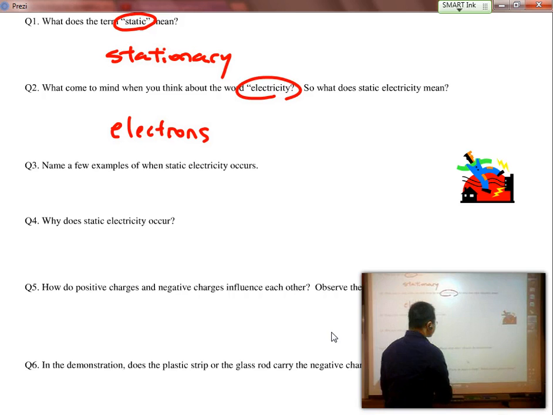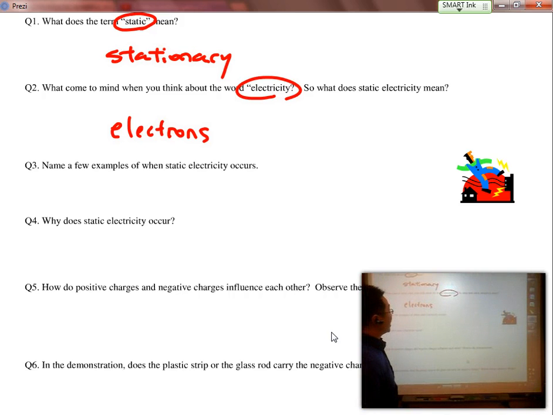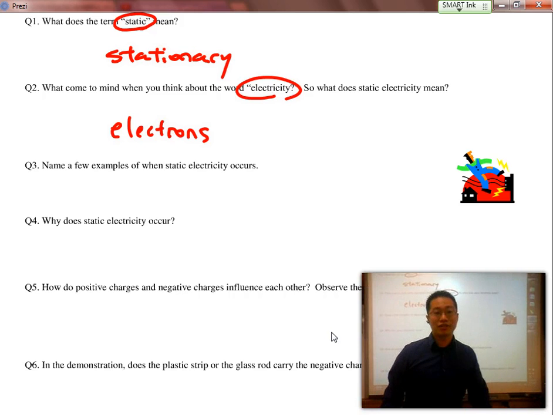So, whenever we talk about static electricity itself, or electrostatics, we're talking about the interaction of extra electrons, or a deficiency of electrons, that are acting upon each other. We're not talking about current electricity, which is what powers your light bulbs and your television.